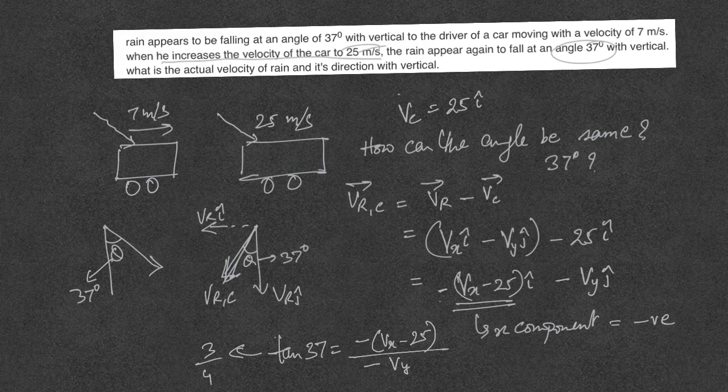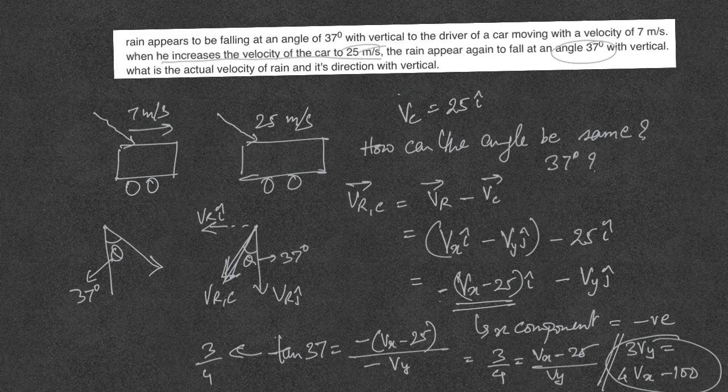So if I solve this equation, I will get 3/4 equals (Vx minus 25) upon Vy, or in other words 3 Vy equals 4 Vx minus 100, and this is our second equation.